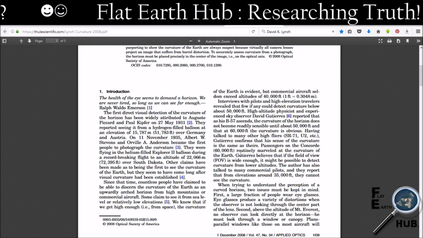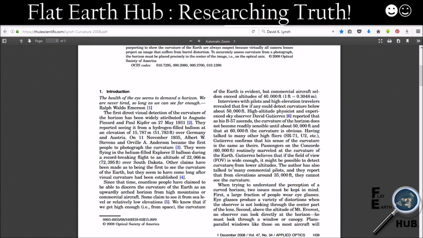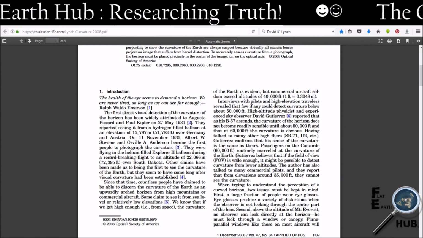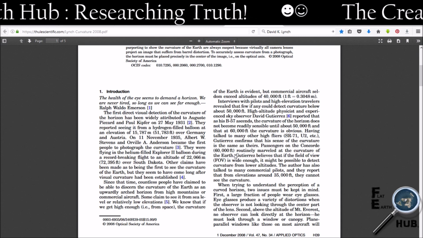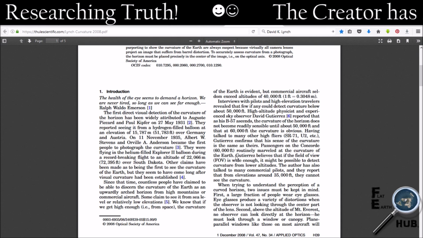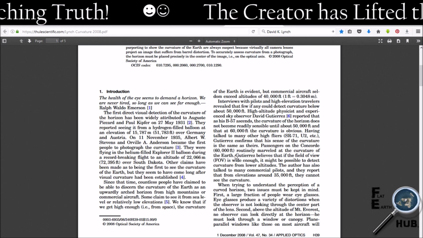Passengers on the Concorde that flew at 60,000 feet routinely marveled at the curvature of the Earth. And that's interesting, because I went and reviewed a lot of the footage from Concorde, and all the footage I've been able to find shows a flat horizon. So this is incorrect in my opinion.